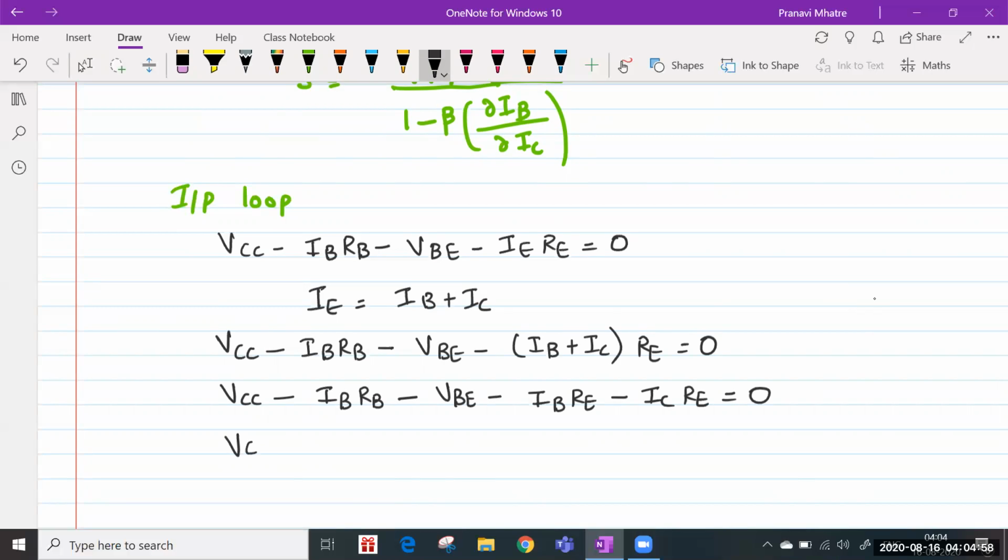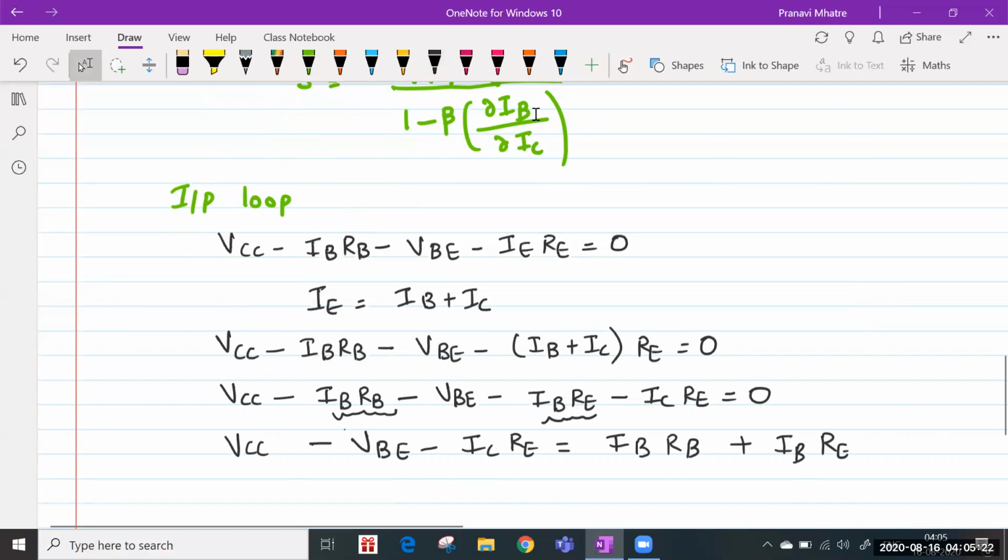I'll take IB common and I'll transfer that to the other side. So I'll get VCC minus VBE minus ICRE, which is equal to IBRB plus IBRE. Means I am transferring these two terms to the other side.